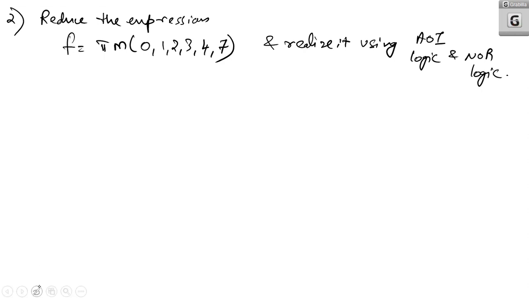So first of all, see here there is only up to 7, so you can go with a 3 variable K-map.